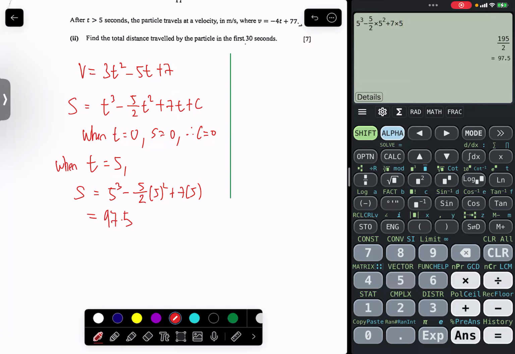So the first displacement is 97.5 in the first 5 seconds, no turning point. So the particle traveled 97.5 in the first 5 seconds.